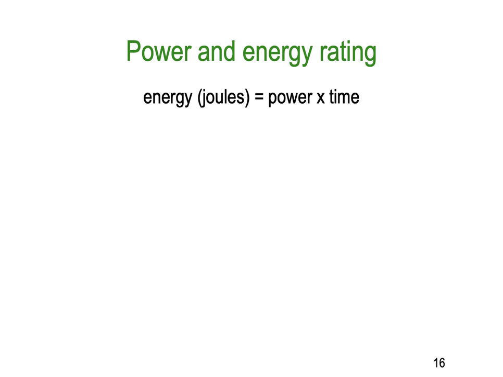Power and energy ratings. So energy equals joules, if you remember, and that equals power multiplied by time. It's also exactly the same thing, but expressed in different units. Energy is kilowatt hours, and that's simply kilowatts multiplied by hours.